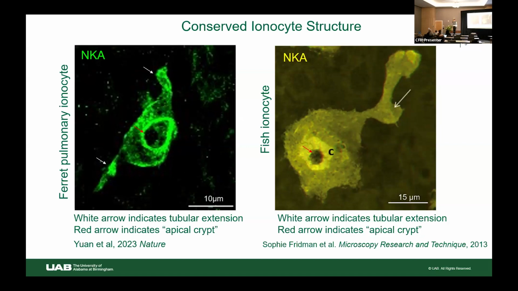So we can clearly see they showed a very conserved ionocyte structure. For example, they showed those NKA tubular extensions, and as I mentioned, they showed NKA highly enriched in those apical rims when you look at those high magnification images. So the ionocyte structure is very conserved across species.